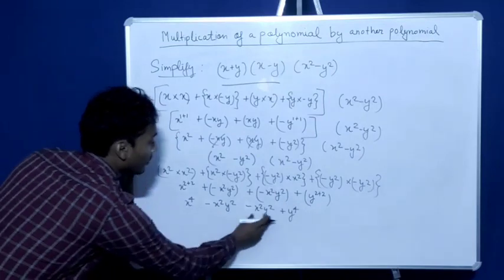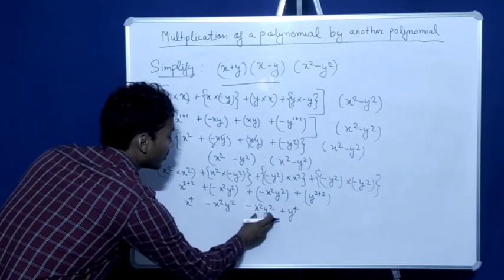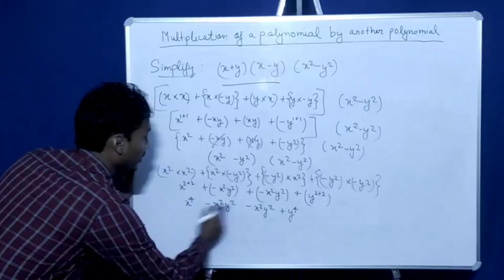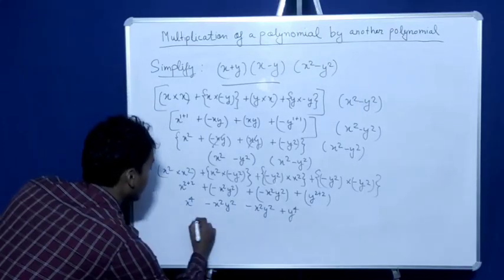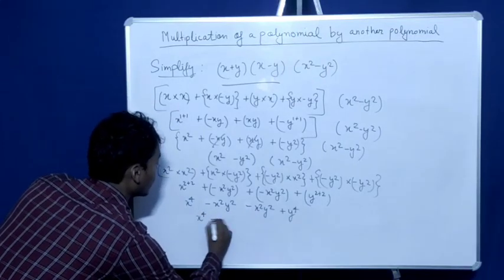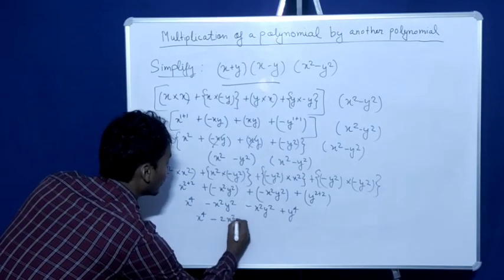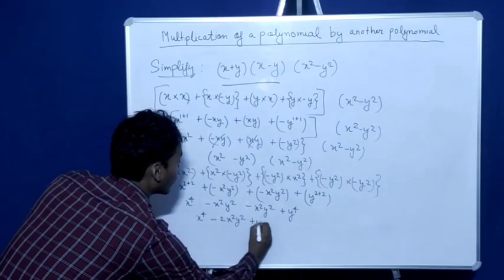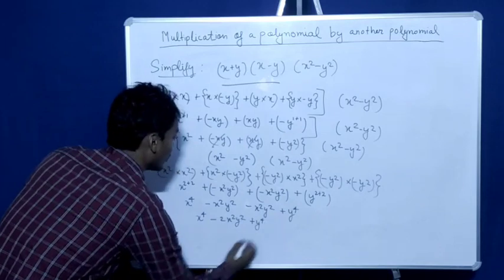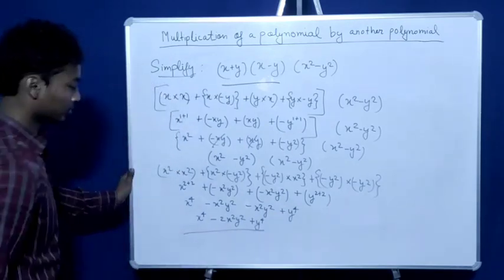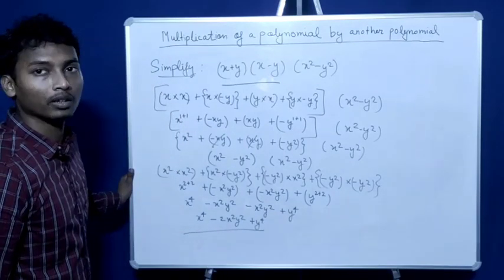Now both have the same variables, negative x square y square and negative x square y square, so negative and negative will be added together, so it will become negative 2x square y square plus y raised to the power 4. So this will be the answer.